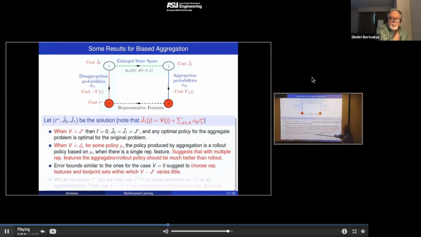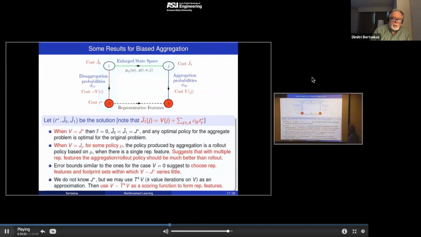Okay, there are error bounds also, similar to the case where V is equal to 0, and they suggest that you choose representative features and footprint sets within which V minus J star varies little. Not just J star, but V minus J star.